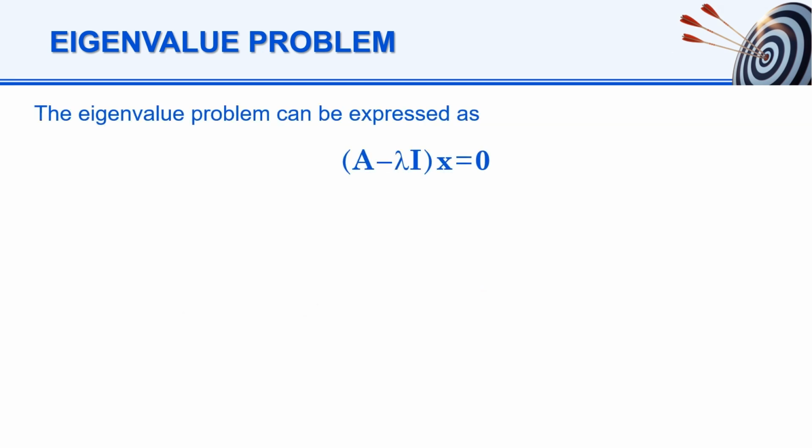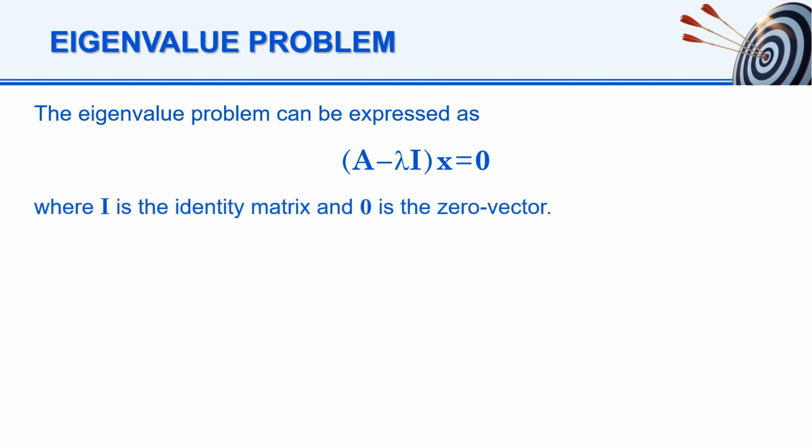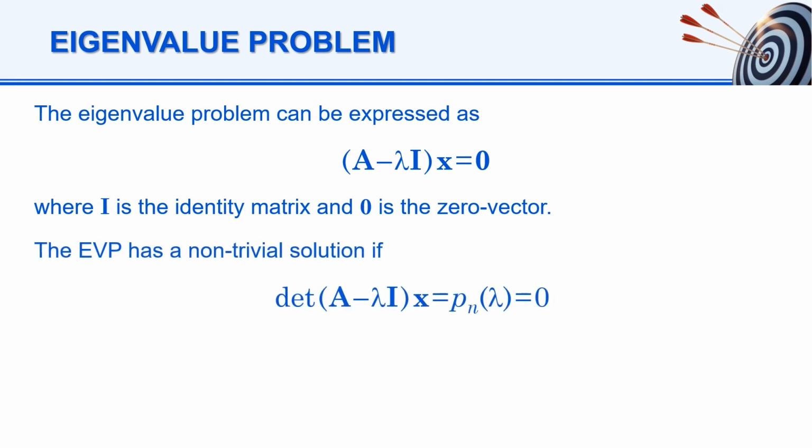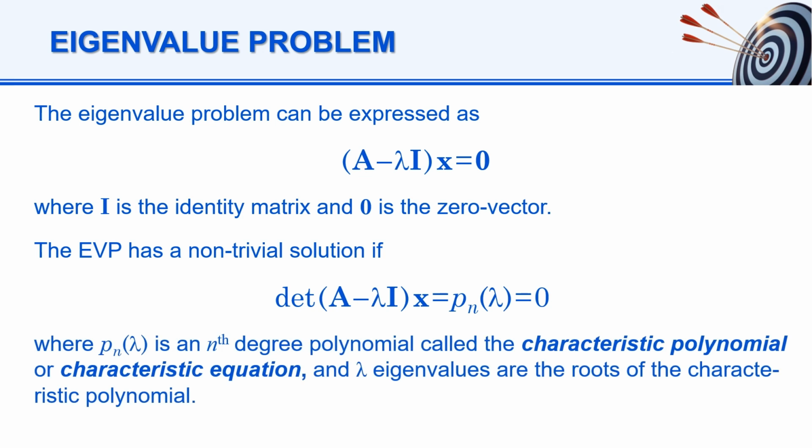The eigenvalue problem can be expressed as (A − λI)x = 0, where I is the identity matrix and 0 in bold typeface is the zero vector. The eigenvalue problem has a non-trivial solution if the determinant of the resulting matrix A − λI is 0, which gives P_n(λ), an nth degree polynomial called the characteristic polynomial, or the characteristic equation, and eigenvalues are the roots of the characteristic polynomial.